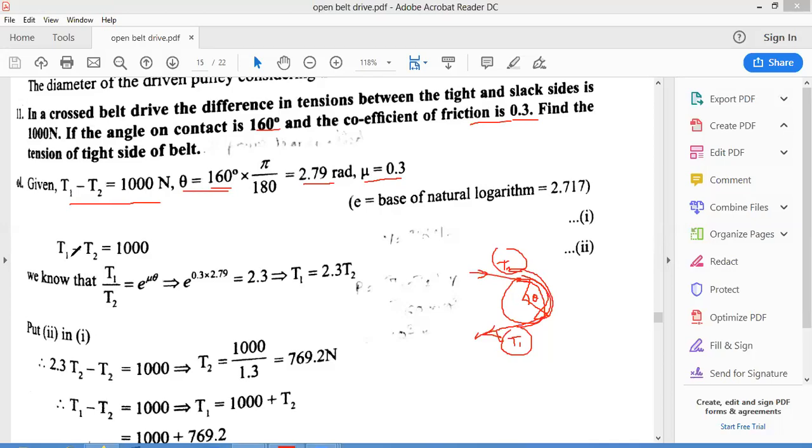Now the ratio of tensions in the belt, we know the formula: T1 by T2 is equal to e to the power of mu theta. This derivation we have done in one of the previous classes.